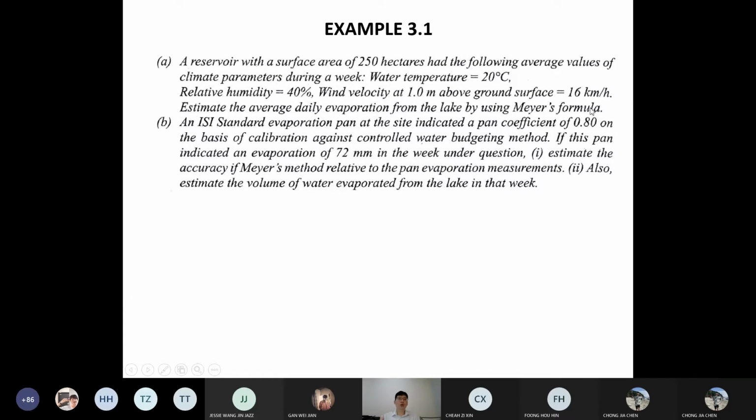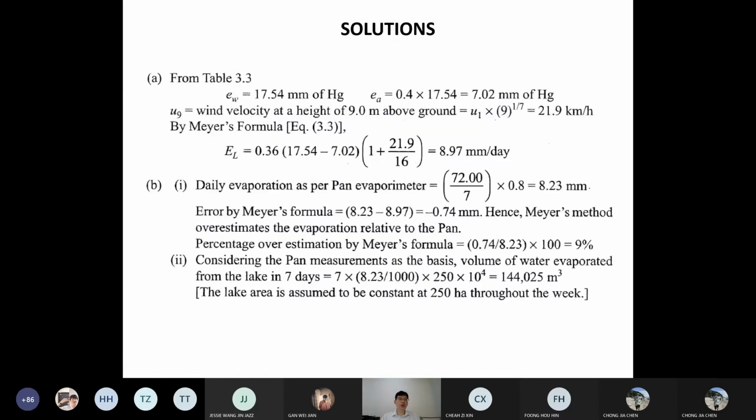Okay, now we go for the solution for A first. EW from the table just now is shown; let me go back to the table later. From the table I just showed, the vapor pressure is 17.54, and for EA we take the humidity 0.4, and we get these two numbers.